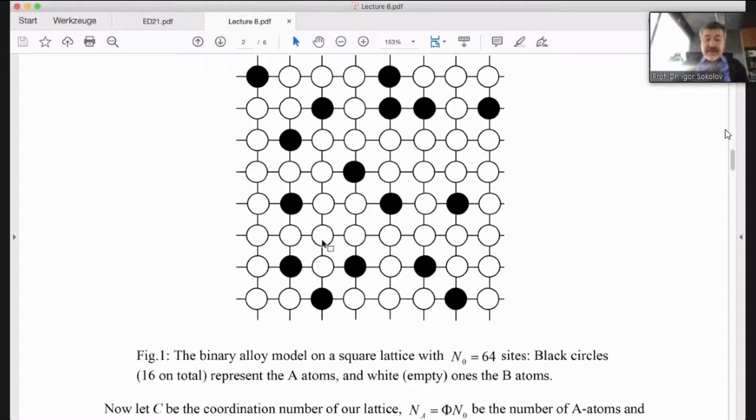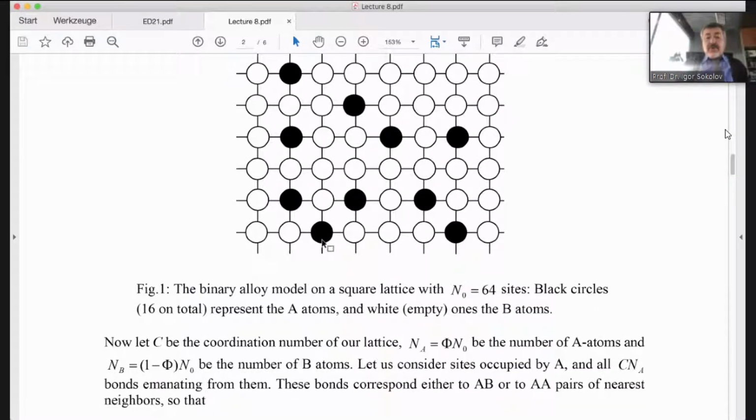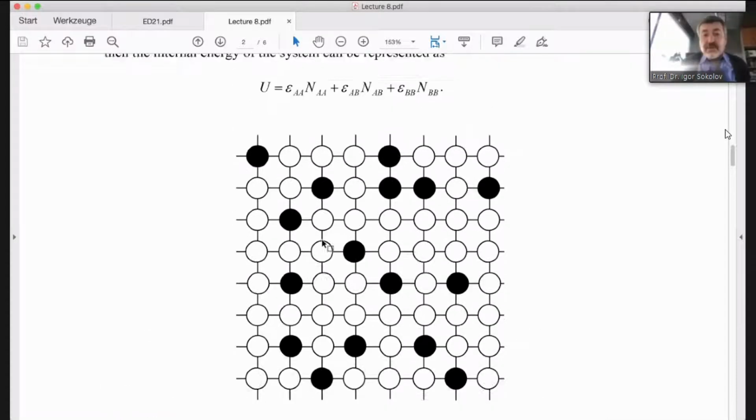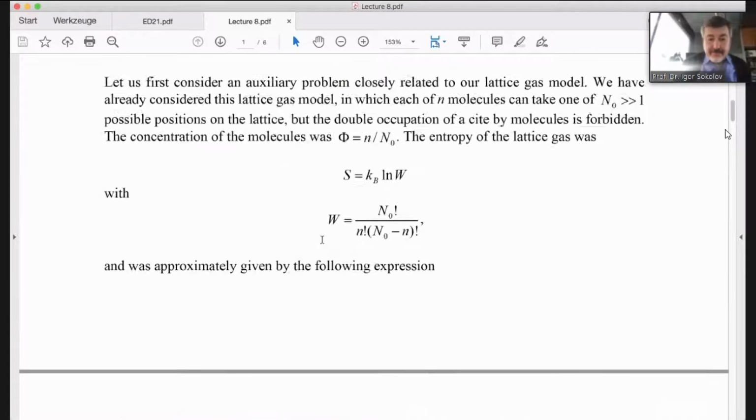Now, instead, I say that the sites are still of two types, but they are not empty and filled, but they are all filled with atoms A or atoms B. For example, you can have copper and gold atoms, or if you want, copper and zinc, and then what you get is bronze, whatever. So it's a binary alloy. You have molecules or atoms of two types.